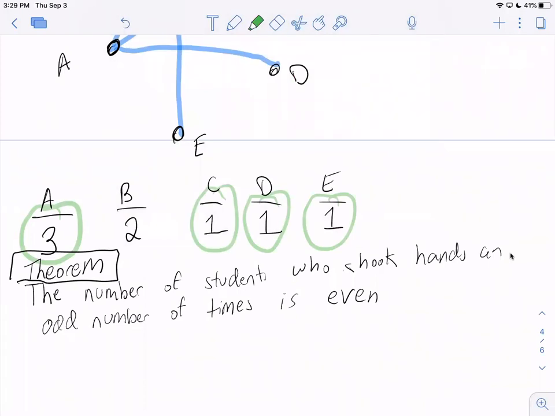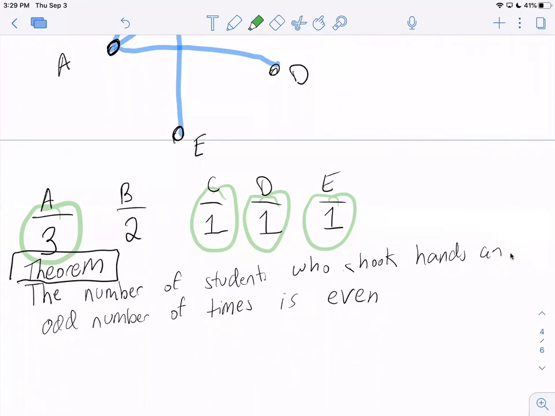It is. So the theorem is that no matter how many students, no matter how they shake hands, if you circle the ones who shook hands an odd number of times, you're always going to get an even number of them. So I encourage you for homework at least to try to explain this. And if you're stuck, a really good way to approach a problem that you don't know how to solve is, hey, let me try a few cases.